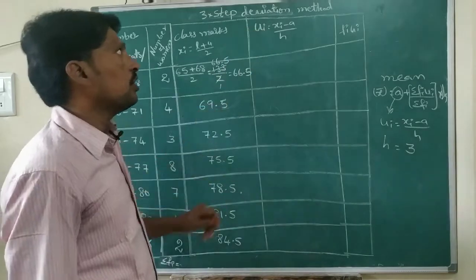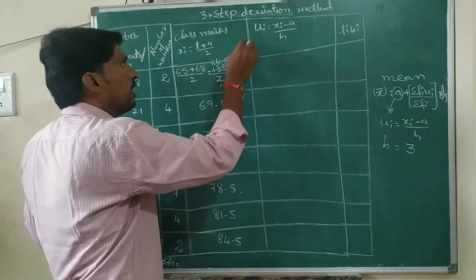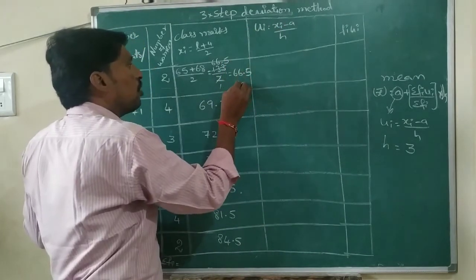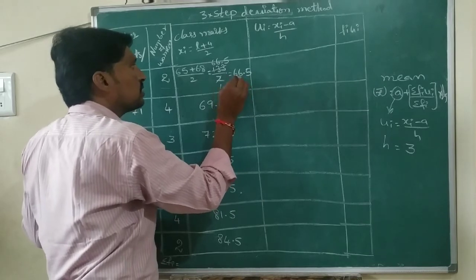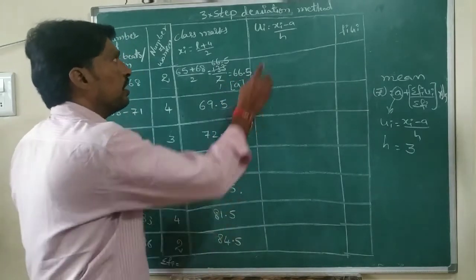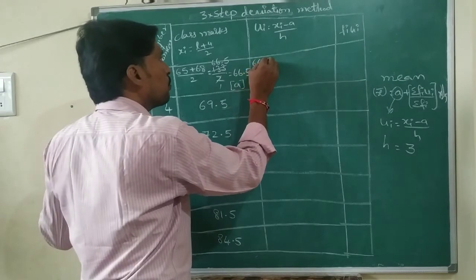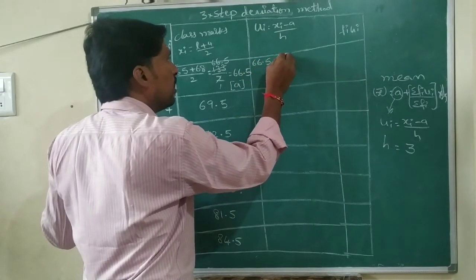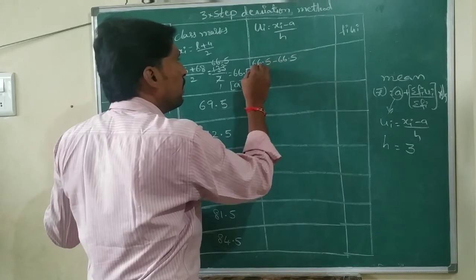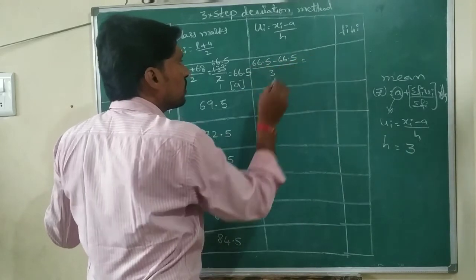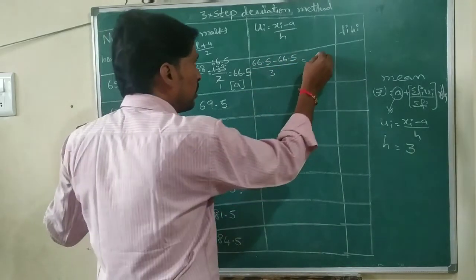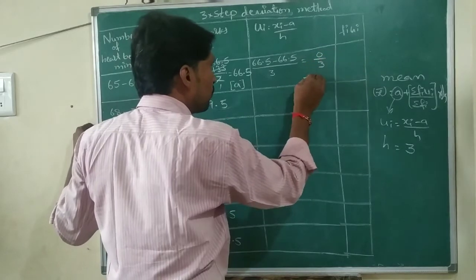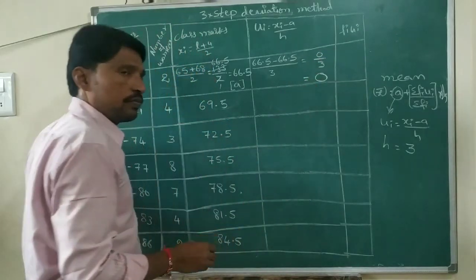Now we need to find ui. ui means (xi minus a) by h, where a is the assumed value. I am taking the first class mark as a. So xi is 66.5 minus a, also 66.5, by h value 3. 66.5 minus 66.5 is 0, and 0 by 3 is 0.